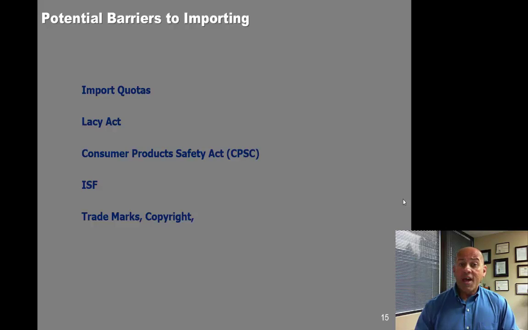They will only do that, however, if you file with them. So there's a lot of companies that enjoy good protection of their items being black marketed or gray marketed by making sure that their trademarks and copyrights are registered with customs.